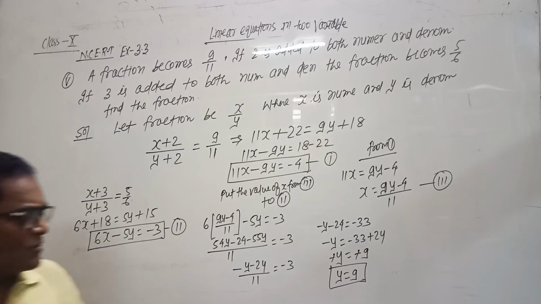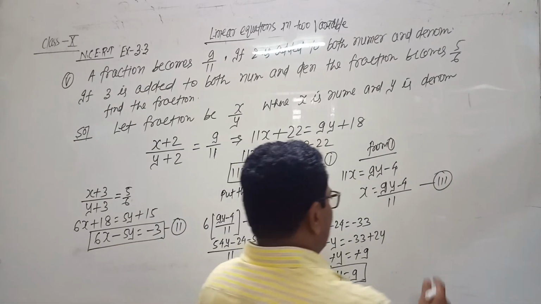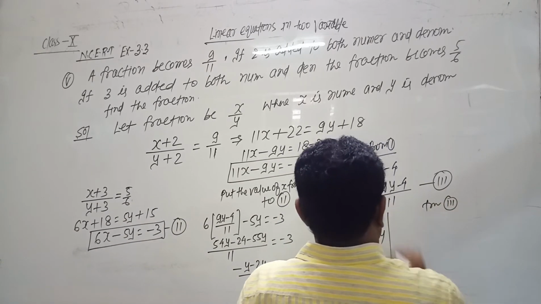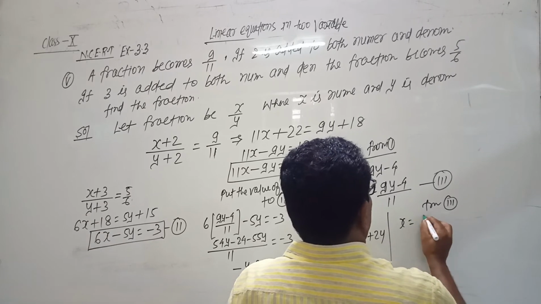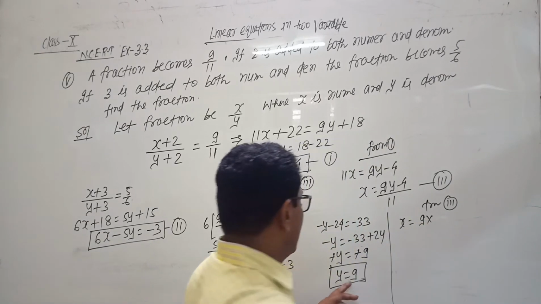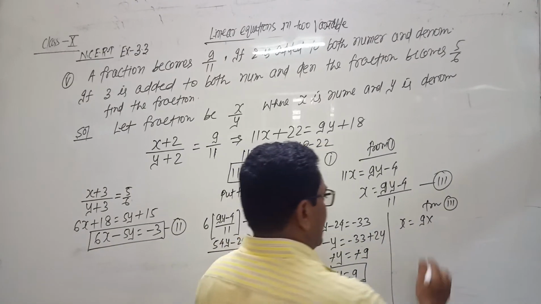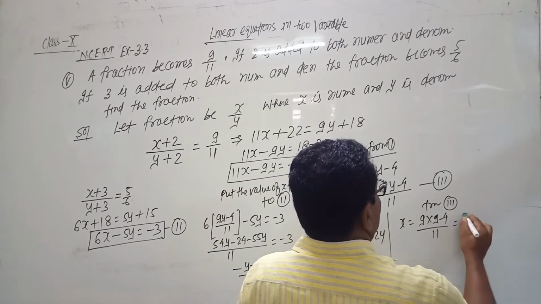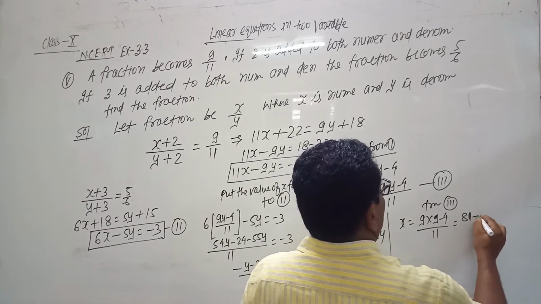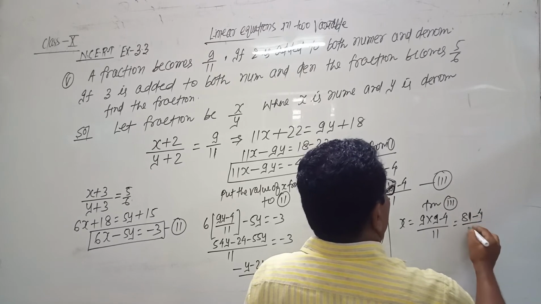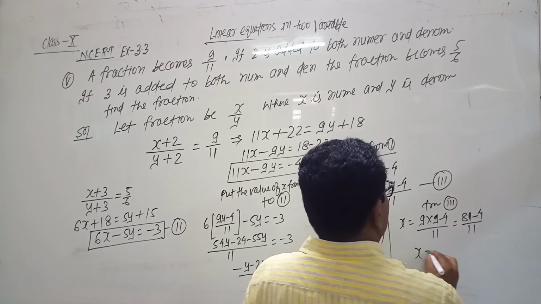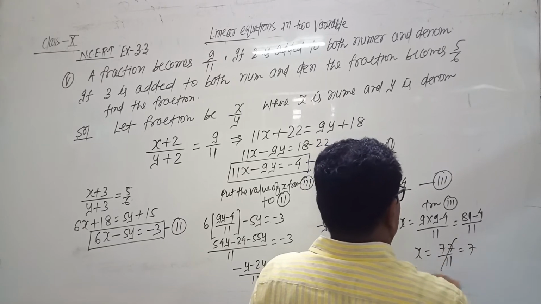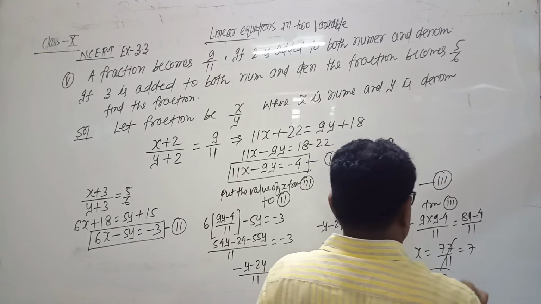Now put the value of y in the third equation. So from the third, the value of x equals 9 into y, and the value of y is also 9. So 9 into 9 minus 4 by 11. This is 81 minus 4 upon 11, and 81 minus 4 means 77 by 11, and we get the value of x equals 7.